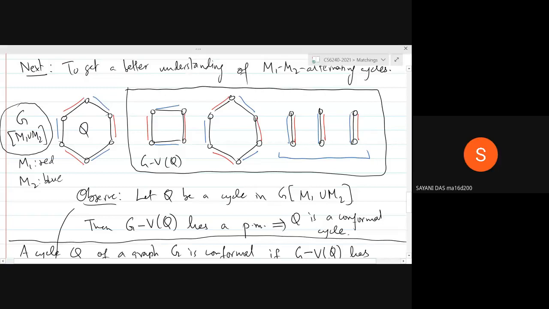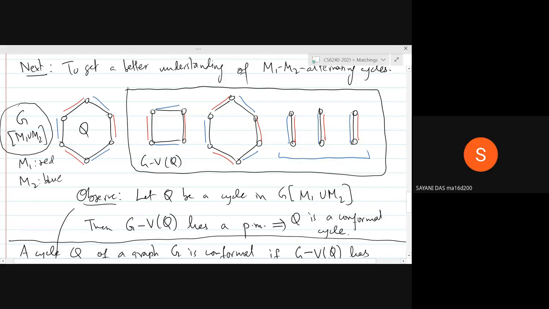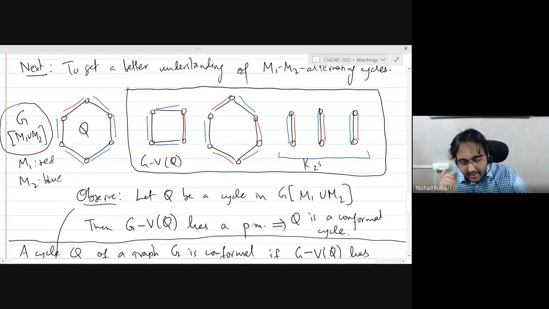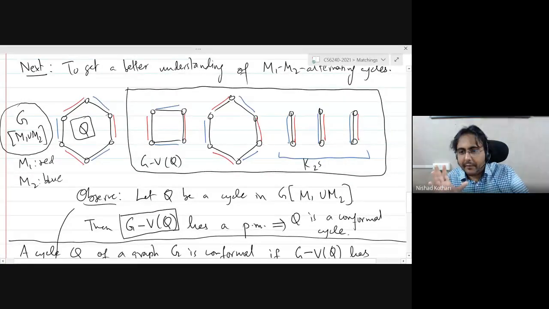So here I'm taking two perfect matchings, red and blue, and the union is going to have some cycles and some K2 components, right? So these are the K2s. And what I want you to observe is that when you delete the vertices of any cycle, let's say this is the cycle Q, then the remaining graph is a perfect matching. Do you believe this?